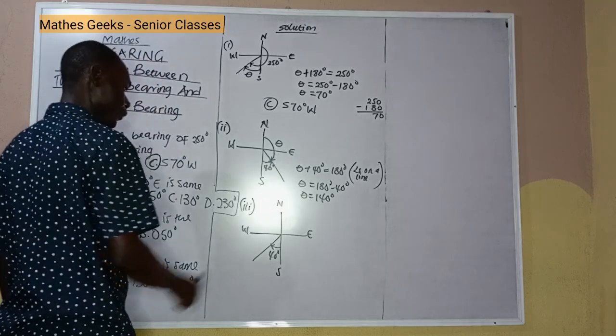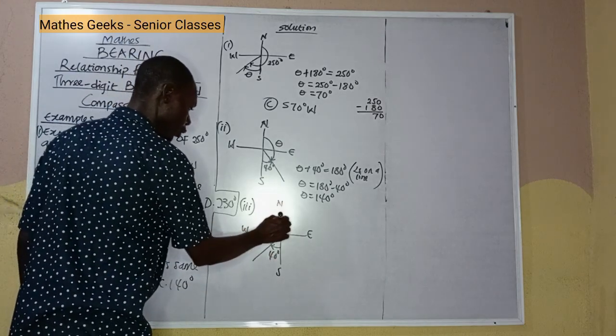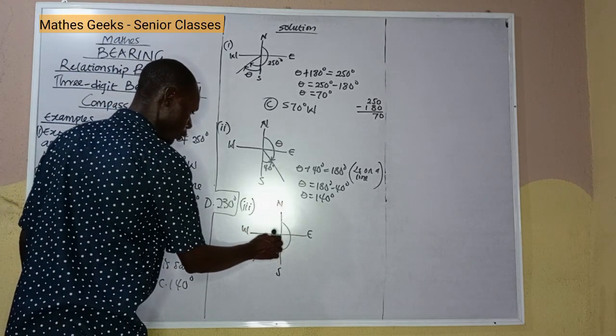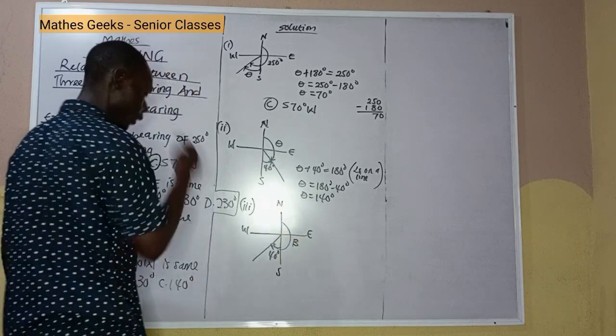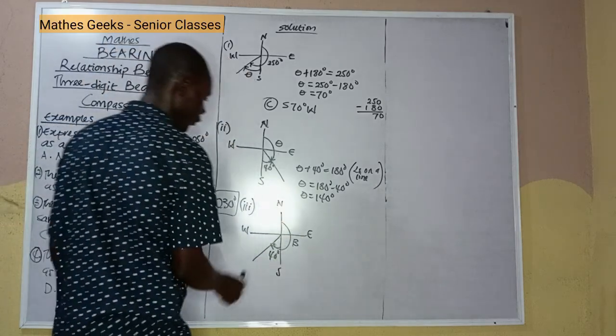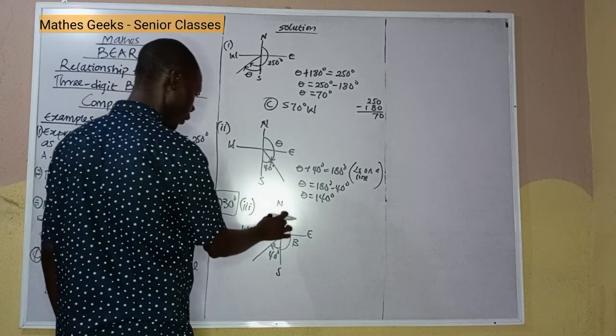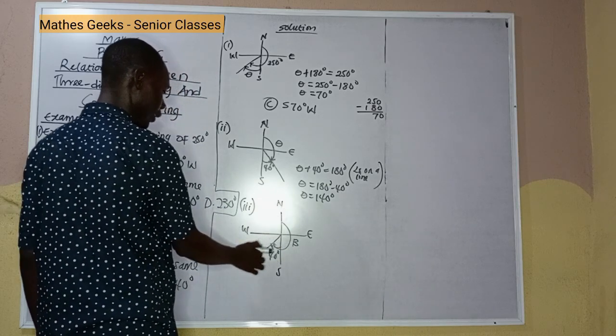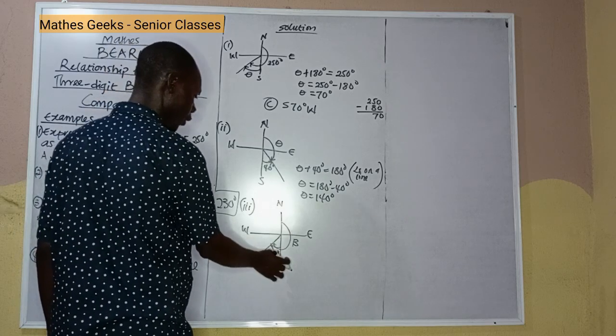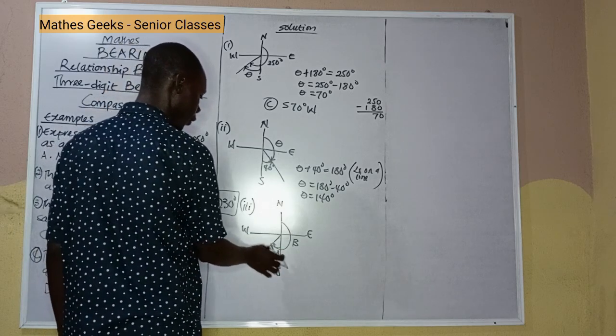To convert this to a 3-digit bearing, move from the north to this line. We'll call this beta. Beta is the whole of the angular measure or turn from the north to this line. From the north to the south is 180 degrees, and then from the south to this line is 40 degrees.